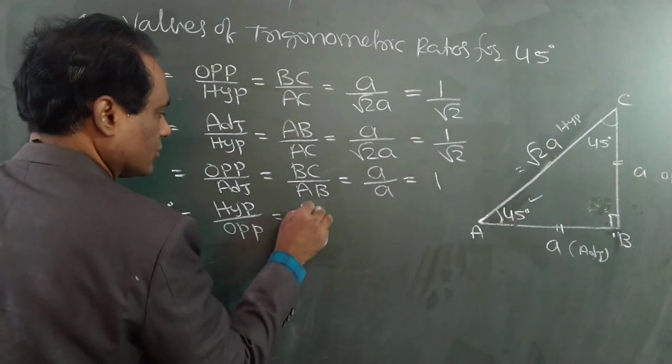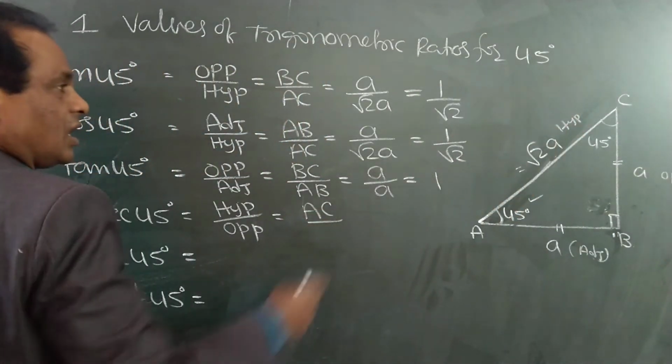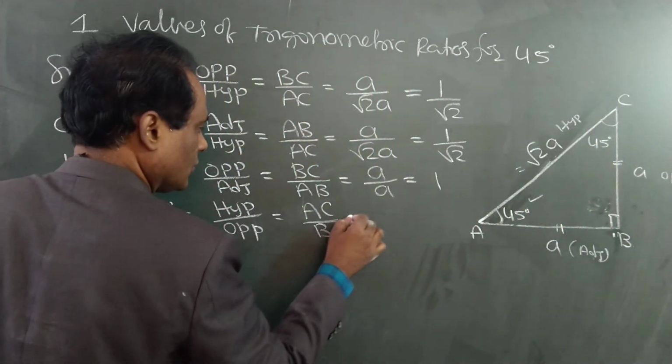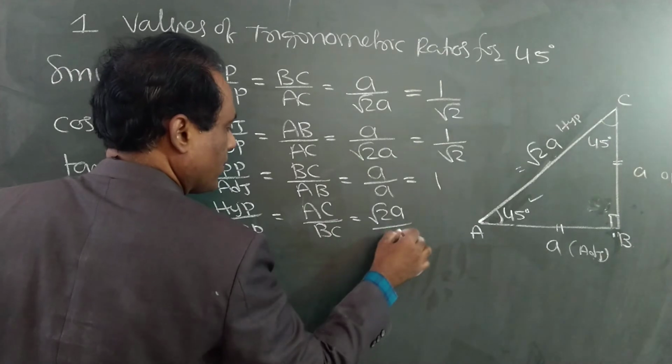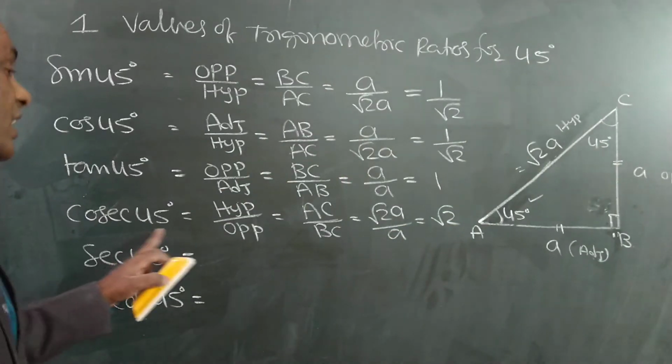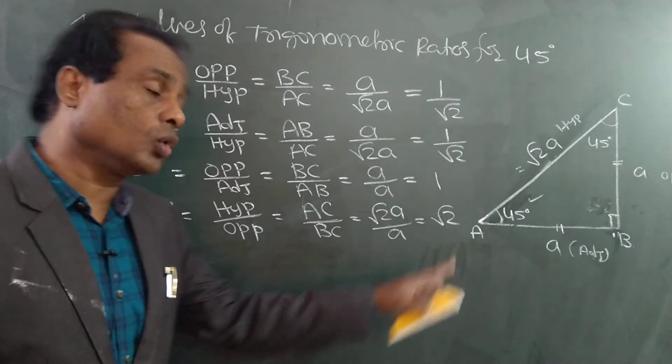Hypotenuse is AC, opposite is BC. This is root 2A by A, A cancels, root 2. So wherever you get cosecant 45, you have to write root 2.